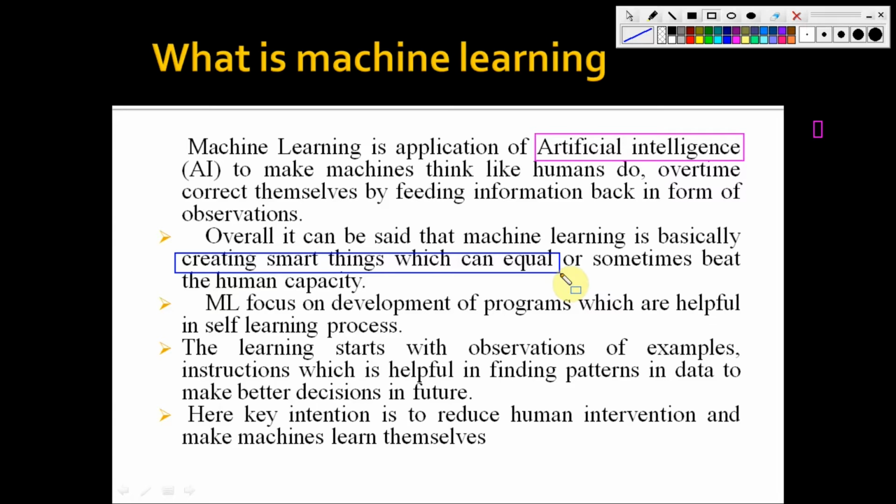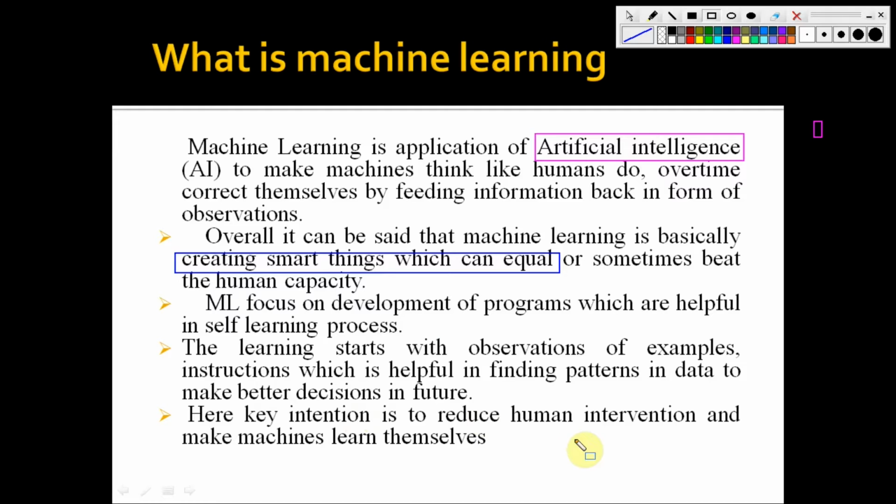Again it will try to walk, and it will fail several times, but after a few attempts, it will start walking. So that is also related to machine learning. So machine learning and a kid learning to walk are equal, right? They are correlated, I can say.